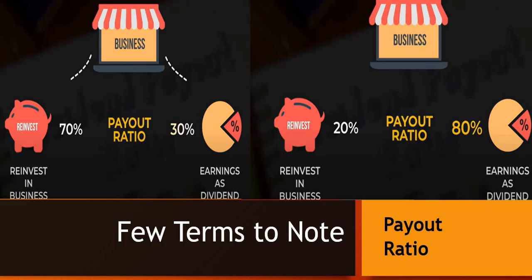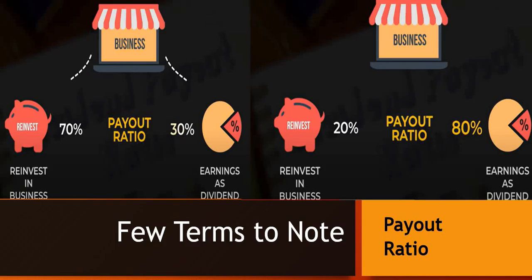So if you look at it, the one on the left, which is business A, uses 70% for reinvestment. That is, they reinvest 70% back into the business and then they use 30% to pay dividends to all of their investors. And company B invests 20% back into the business and then pays 80% to the investors.